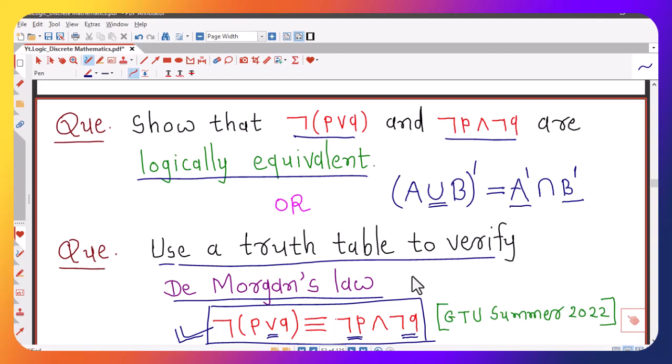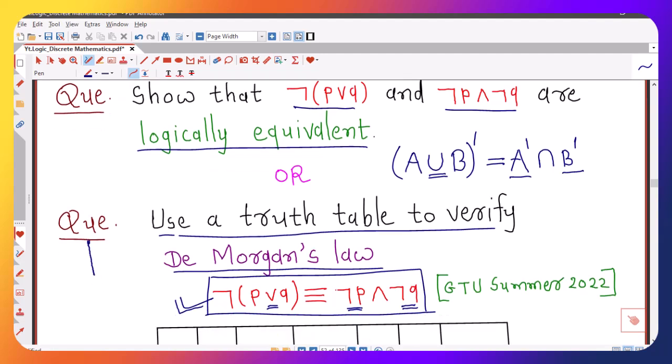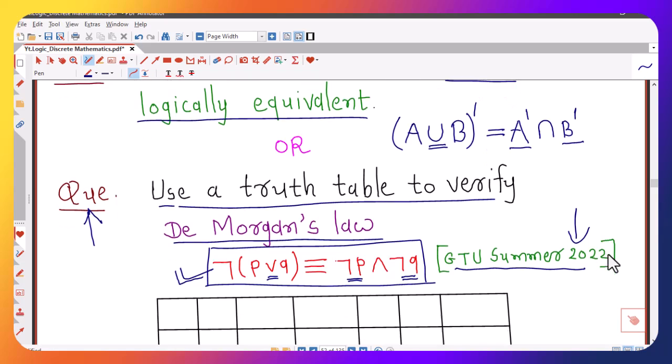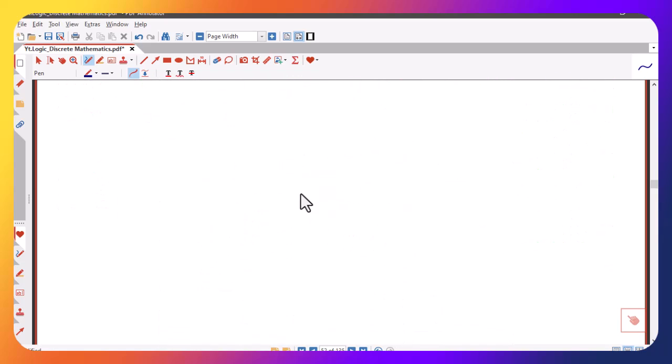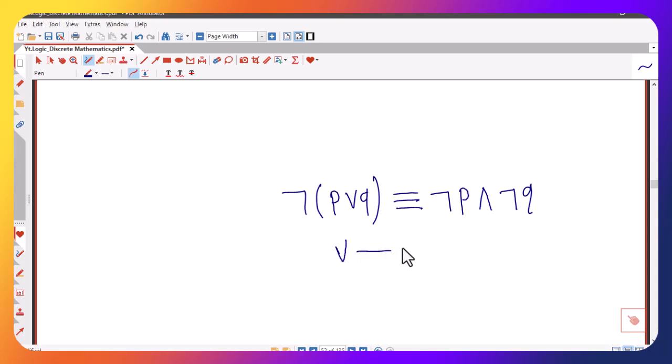Sometimes they ask this type of question on logical equivalence in GTU exams. This was asked in the GTU summer 2022 exam. Similarly, we can have another De Morgan's law, by replacing OR by AND and AND by OR.